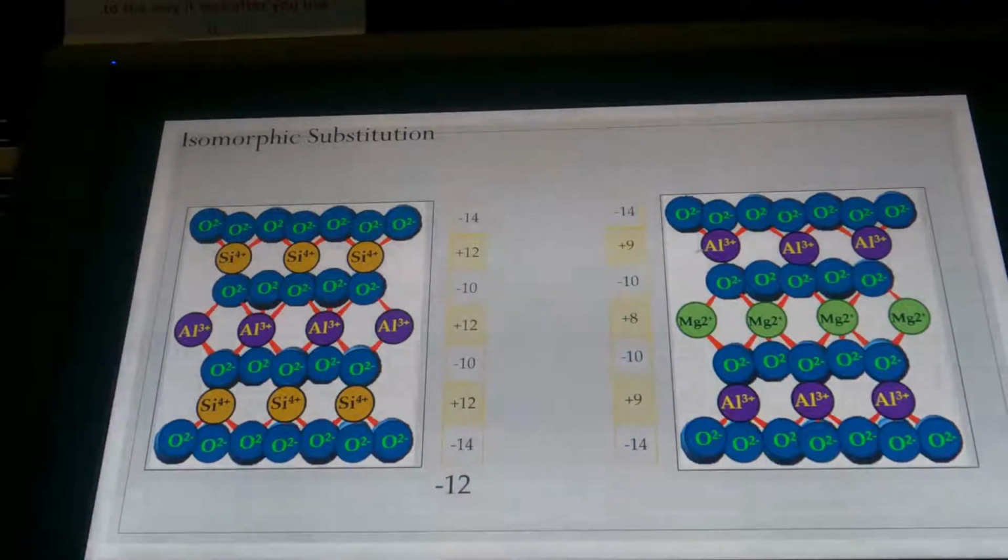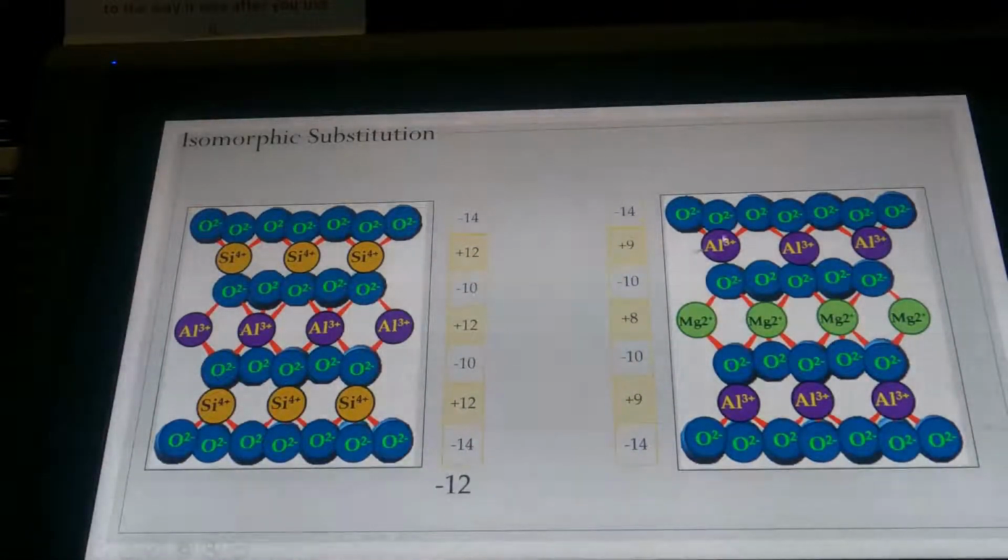And what I'm trying to demonstrate here is the difference when we have this isomorphic substitution. We see here that same structure, we just isomorphically substituted aluminum for silica in the tetrahedral and magnesium for aluminum in the octahedral.